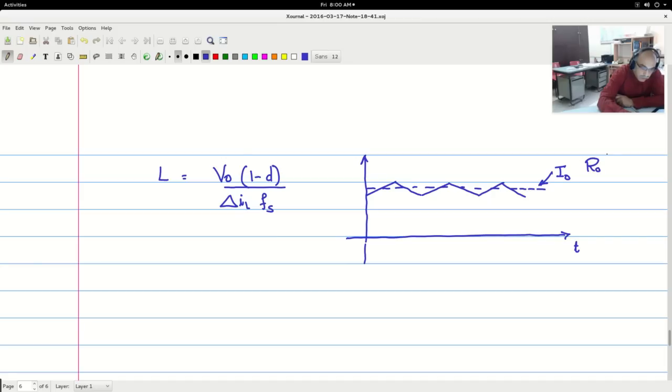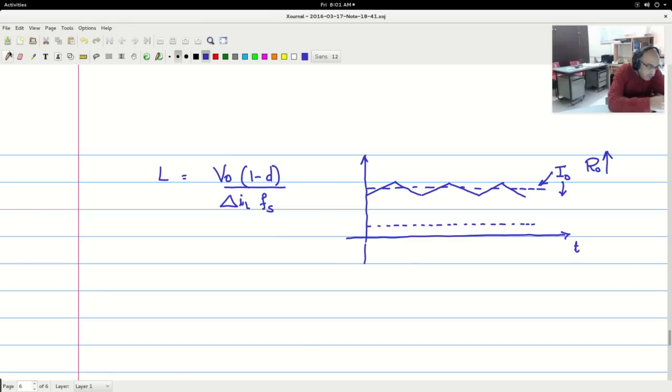If the load resistance value is increased, you will see I naught decreasing. So I naught will keep decreasing, but you see that the delta IL and the slopes here will not change, because they are determined by V in minus V naught by L and V naught by L here, and therefore they are independent of the load resistor value or the load current value. So the shape of this triangular ripple will still remain, and the height of the ripple also will remain.